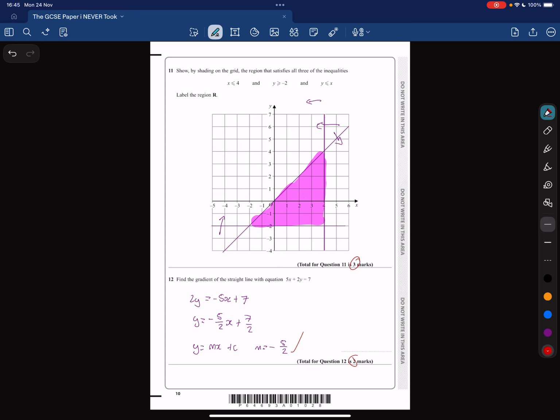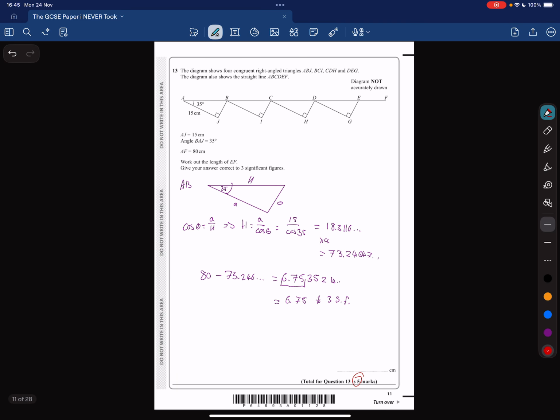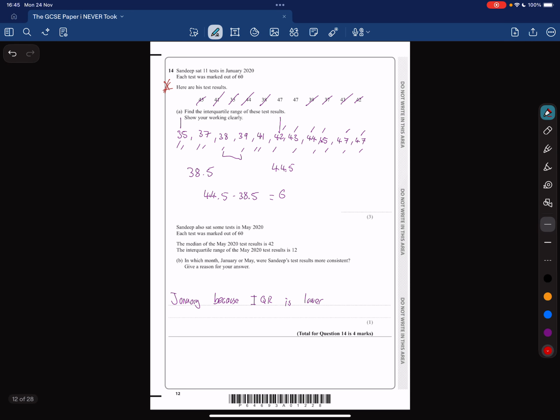32. 33, 34. 34, nice. 13. Yep, 6.75. There we are. So we're on 34. This puts us to 39. All into quartile range.